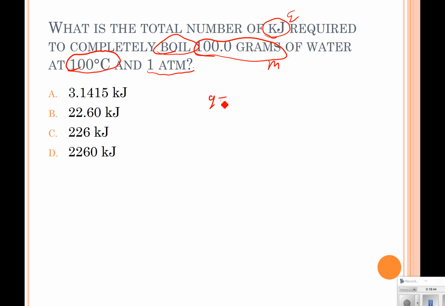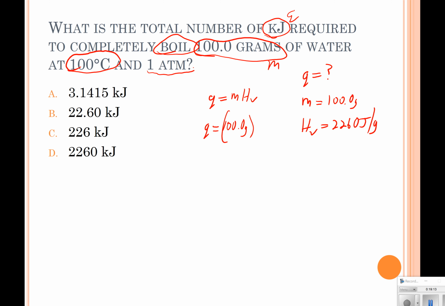So we're going to want to use our heat of vaporization, given our indicators in the problem. We're looking for the total number of kilojoules required, so our heat value is unknown. We know that we have 100.0 grams of water, and since we're boiling, we're going to use the heat of vaporization at 2260 joules per gram. So we plug in 100.0 grams for our mass and 2260 joules per gram for heat of vaporization.